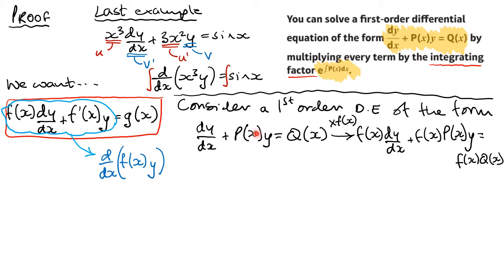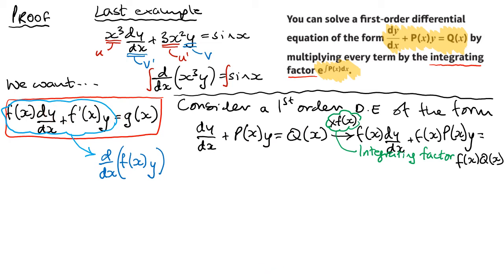Okay, now this thing that we've multiplied here is given a special name. It's called the integrating factor. And what we're going to do is to work out what that integrating factor is. We're going to work out what f of x needs to be so that we can turn a differential equation that looks like this and make it look like this.